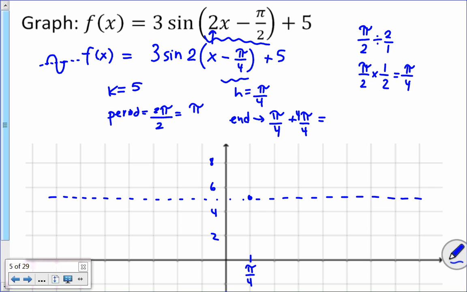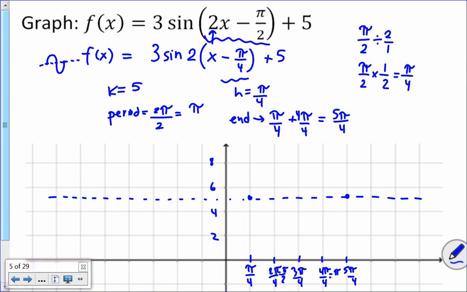So pi over 4 plus 4 pi over 4 is 5 pi over 4. So if I start here at pi over 4, this is 2 pi over 4. You can write it like this if you want. Maybe some of you will say, well, 4 pi over 4 is the same as pi. That's okay. 2 pi over 4 is the same as pi over 2. You can do that too. So I know at 5 pi over 4 I'm going to be here.